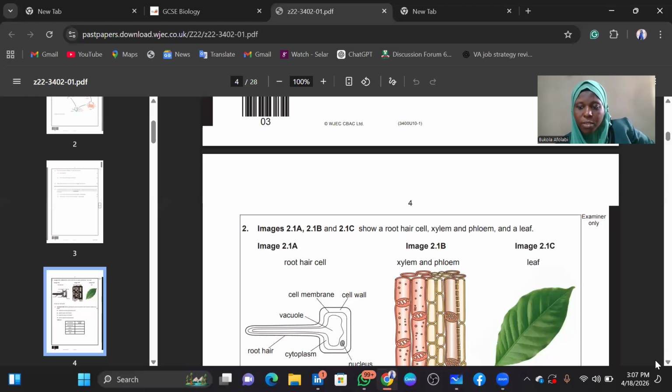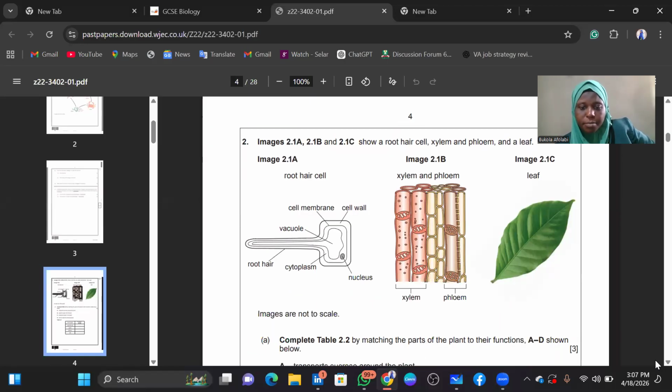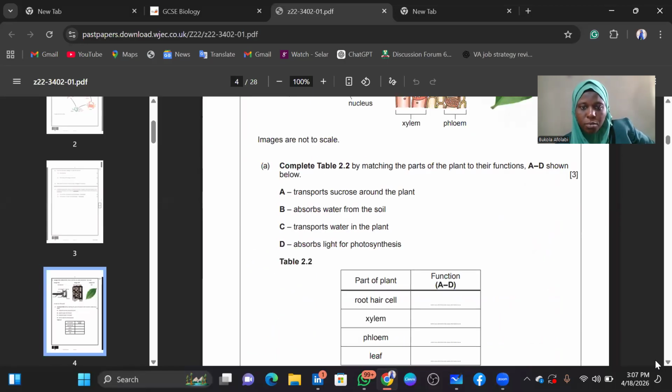From what we learned so far, complete table 2.2 by matching the pairs of plants to their functions A to D. A, transport sucrose around the plant. B, absorb water from the soil. C, transport water in the plant. D, absorbs light for photosynthesis.